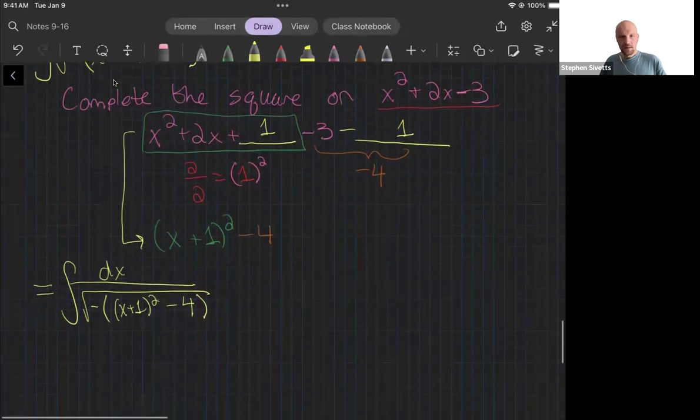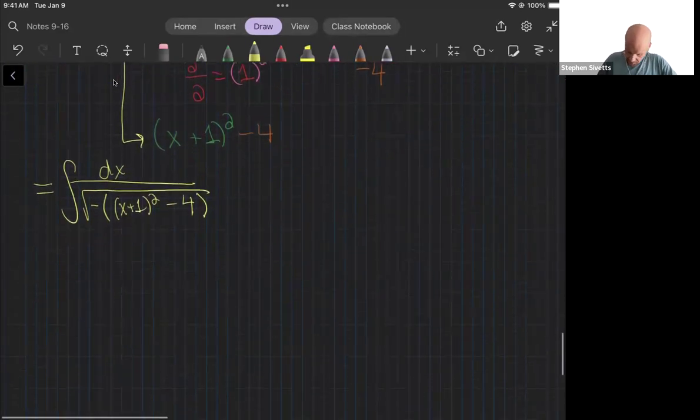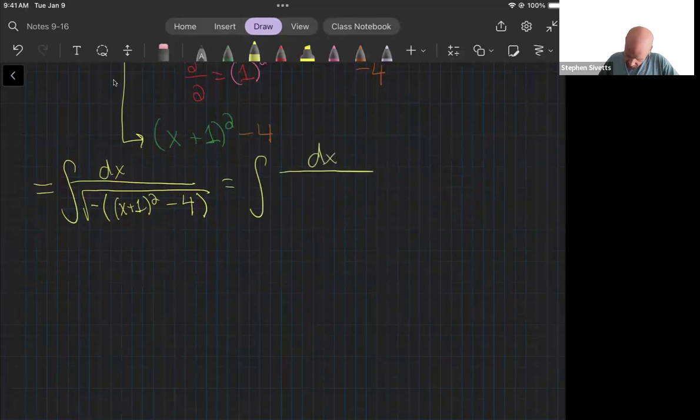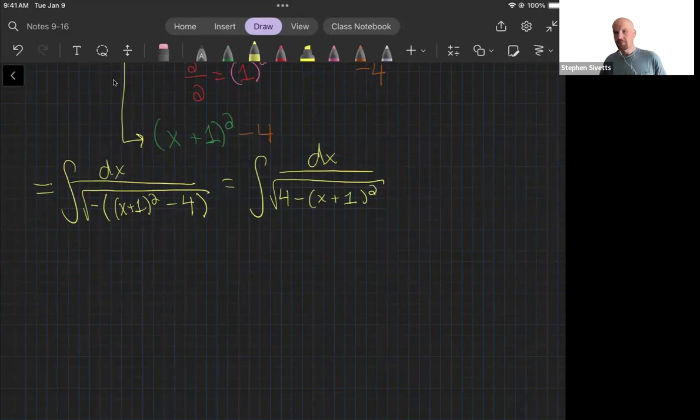Right? Okay? And so this equals the integral of dx divided by the square root of 4 minus (x plus 1) squared. Okay? All right.